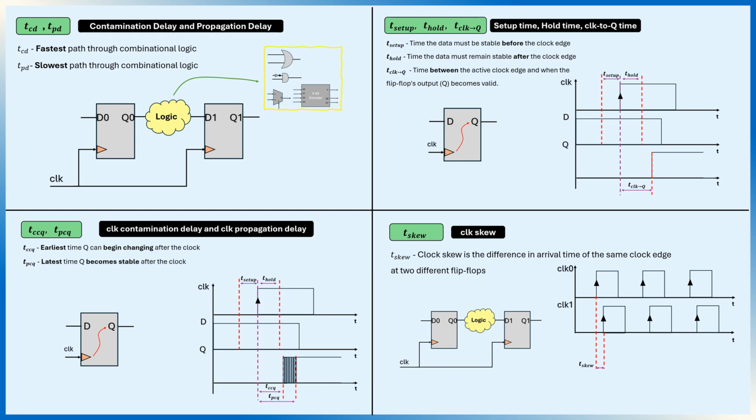Part 3, we refined our timing model by splitting clock to queue into clock to queue contamination delay and clock to queue propagation delay, and saw how each one is used in STA. Part 4, finally we introduced clock skew, learned the difference between positive and negative skew, and saw how engineers minimize skew by balancing the clock network.